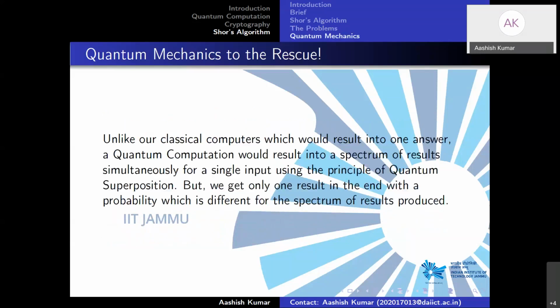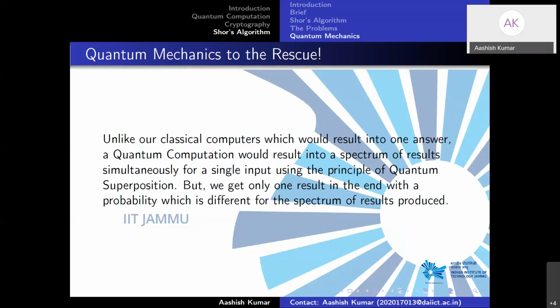Okay, so coming to quantum mechanics and how it will be helpful for us to do this. Unlike classical computers, which result in one answer, a quantum computer would result in a spectrum of results simultaneously for a single input using the principle of quantum superposition. But we'll get only one result in the end, with a probability that differs from the spectrum of results produced.